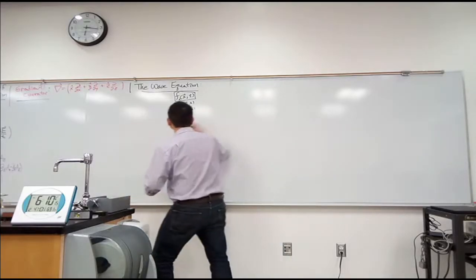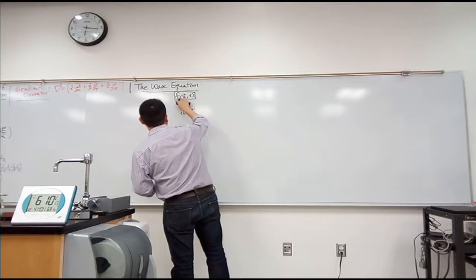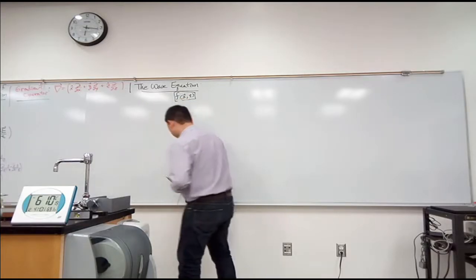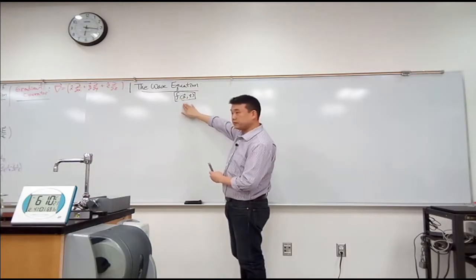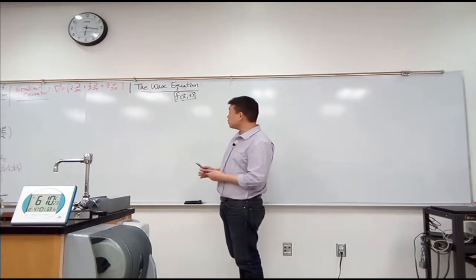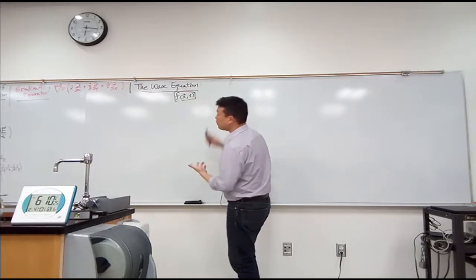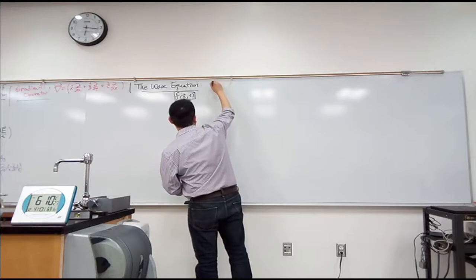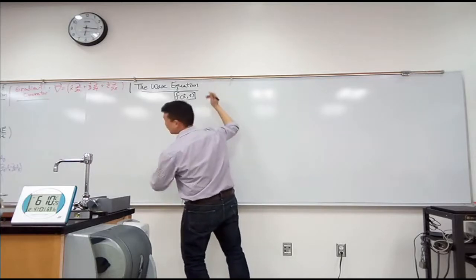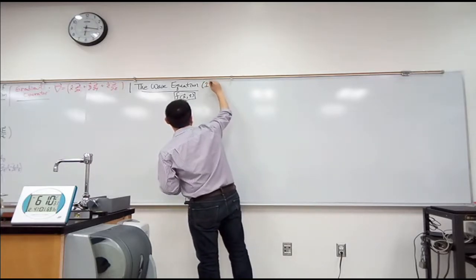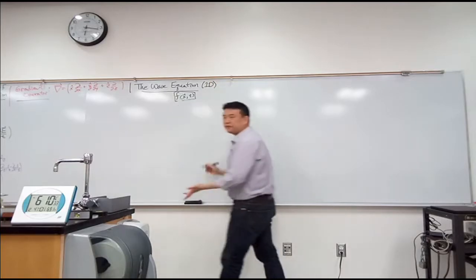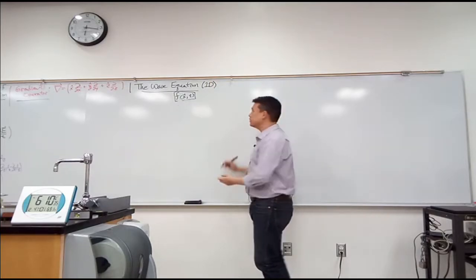So you're dealing with an equation that describes a function which is a representation of a wave, and this is the form of the equation. Let me write it down in 1D, and I will write down the version for 3 dimensions, but we're not going to deal with it.